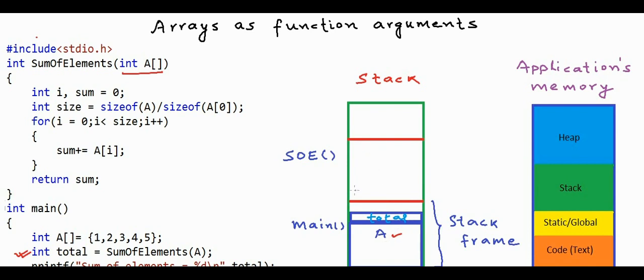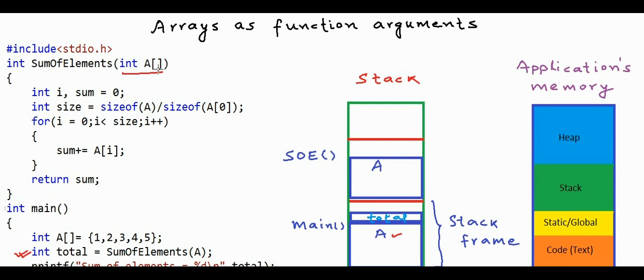So ideally we should have one more A local to the function sum of elements, and the value of A should be copied into this parameter A. So we would have another array named A taking 20 bytes in the stack frame of sum of elements, and it would have the same elements as the array A in the calling function main.